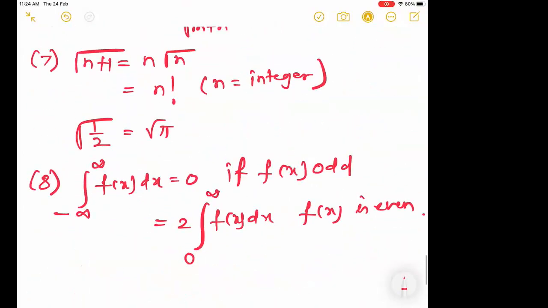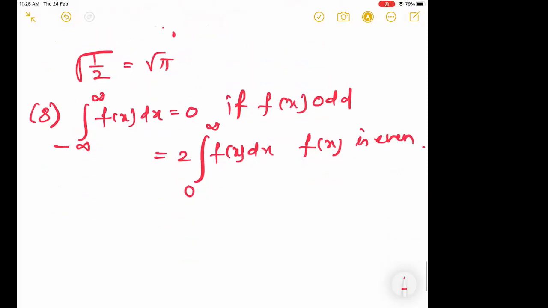Eighth is the definite integral property, and seventh is the gamma function, gamma n plus 1. Thank you, madam.